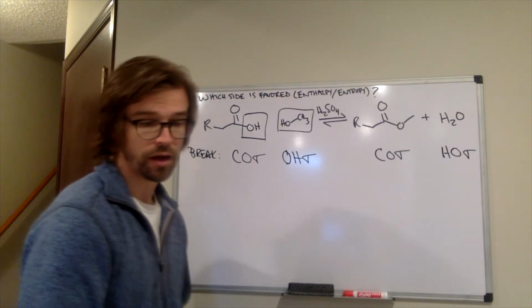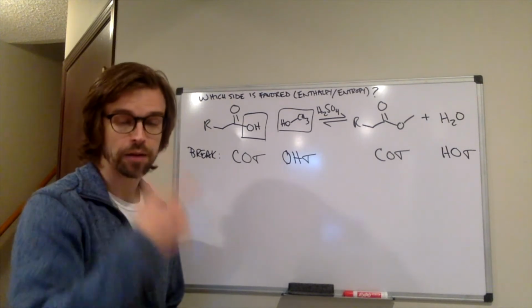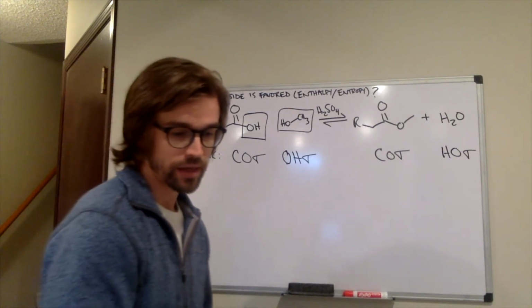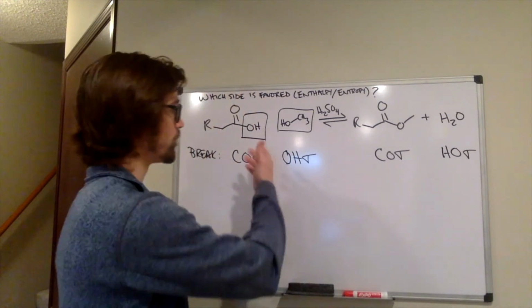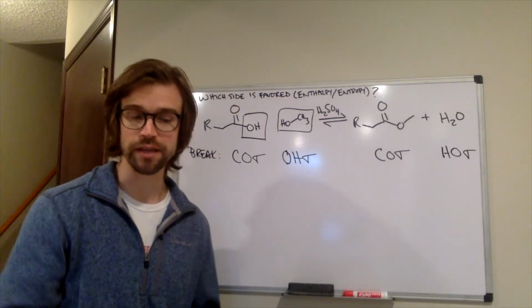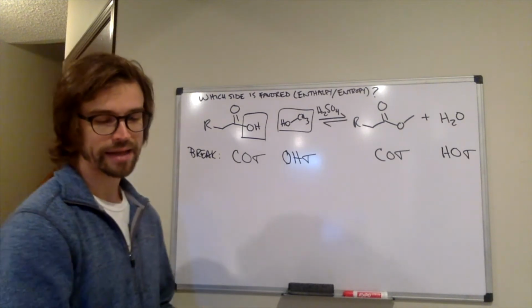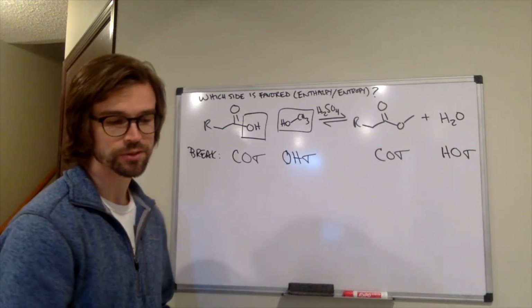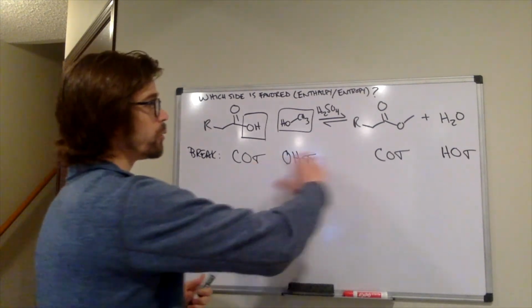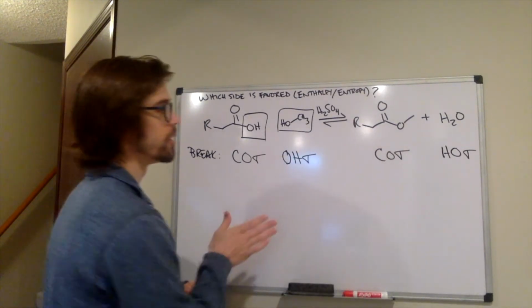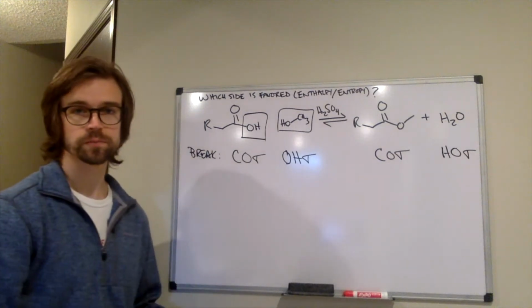So one of the blanks on the bottom of this page of the course notes says, in Fischer esterification, this reaction is called a Fischer esterification, an excess of blank is used to drive the reaction to completion, Le Chatelier's principle. So what would we use an excess of to push this in the forward direction?